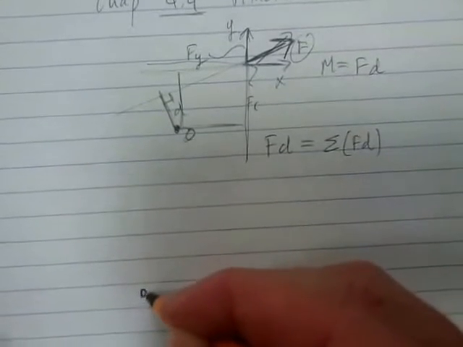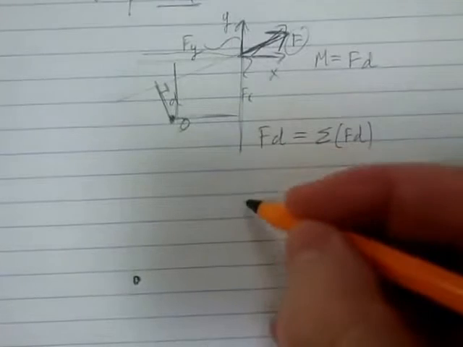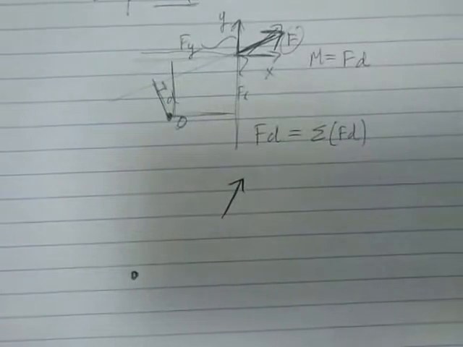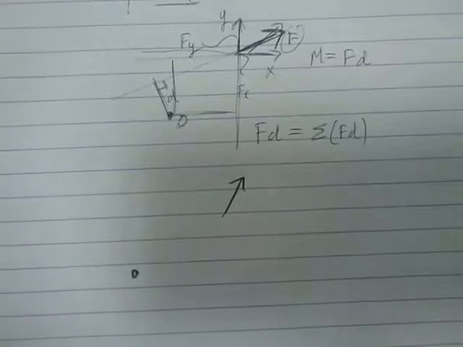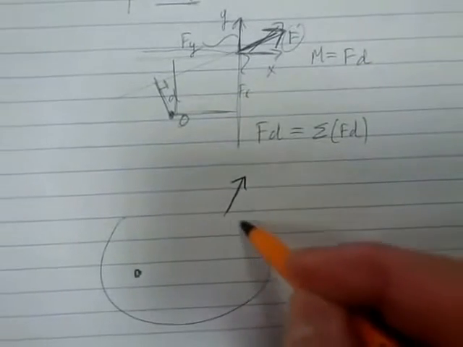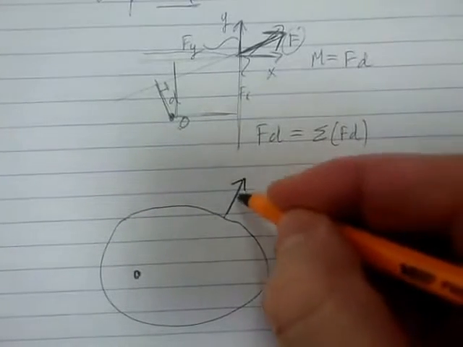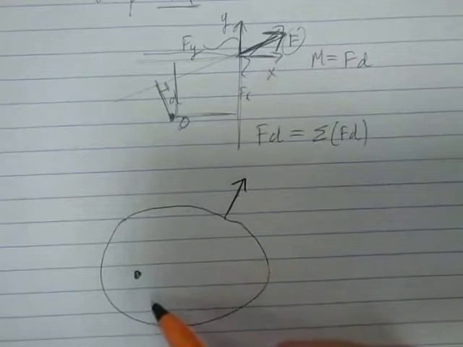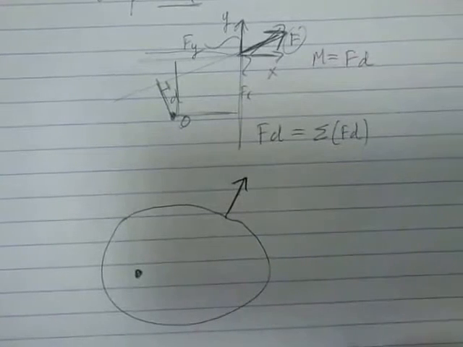Let's take this again. There's a point, and say now we have this force there. How do we know? Say there's a body here, and this force is acting there. How do we know whether that force will cause a clockwise or an anti-clockwise moment?